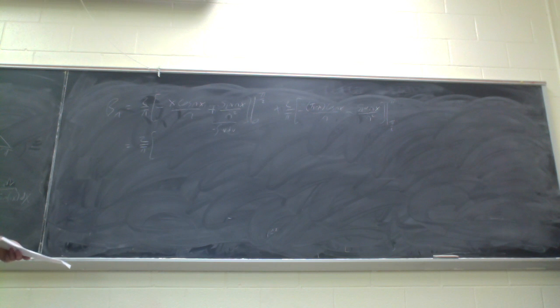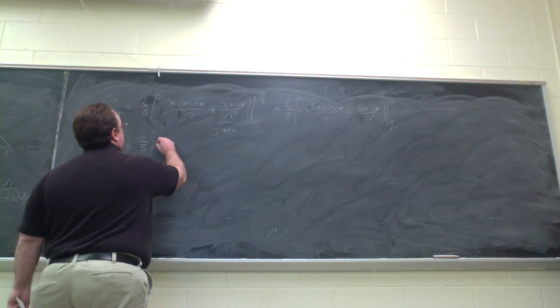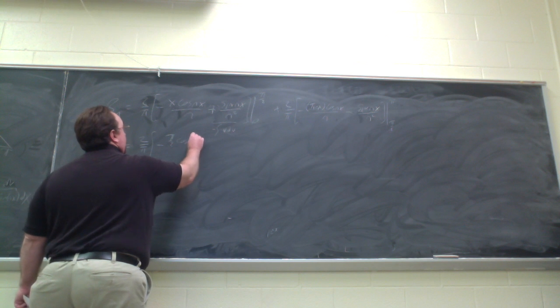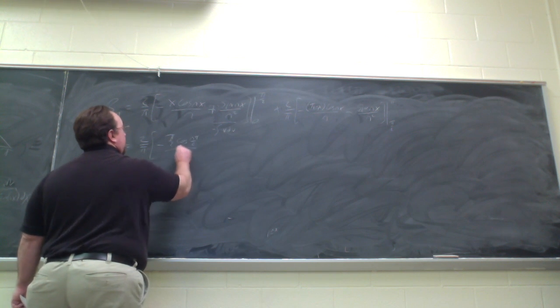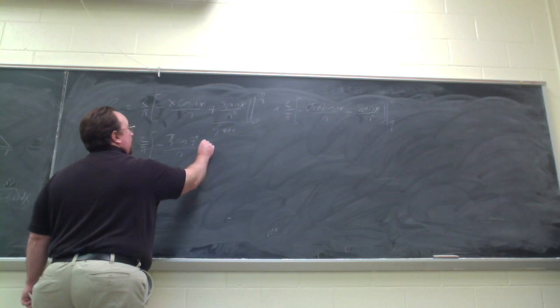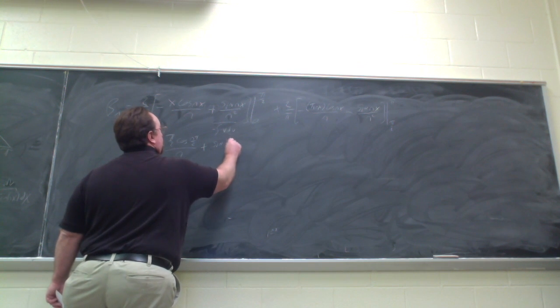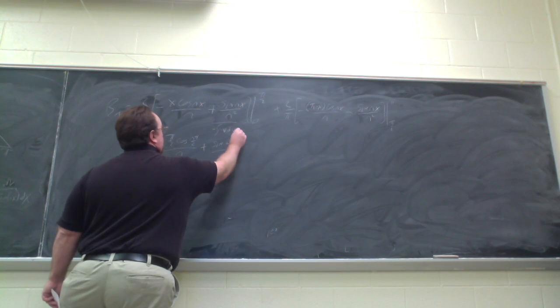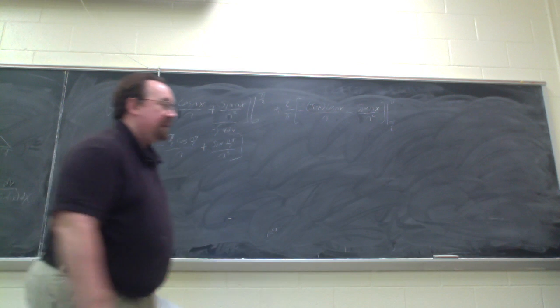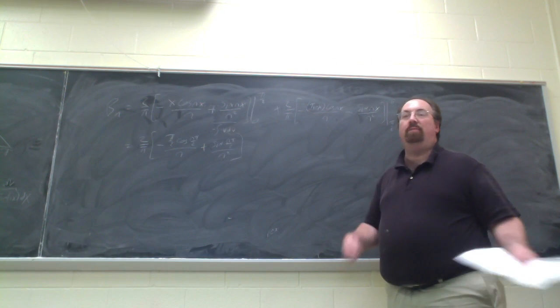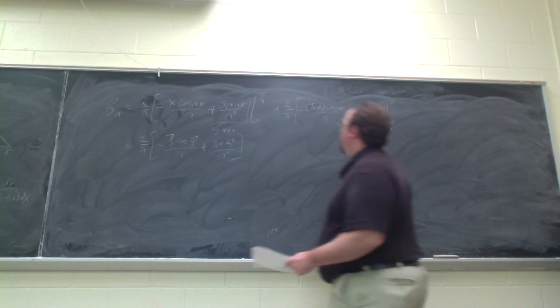So only from plugging in pi over 2, I have minus pi over 2 cosine n pi over 2 over n, and then I get plus sine n pi over 2 over n squared. And the thing is, I don't know what n is. N is any positive integer, so I can't say that anything is 0, 1, or minus 1 yet. That'll have to come later.